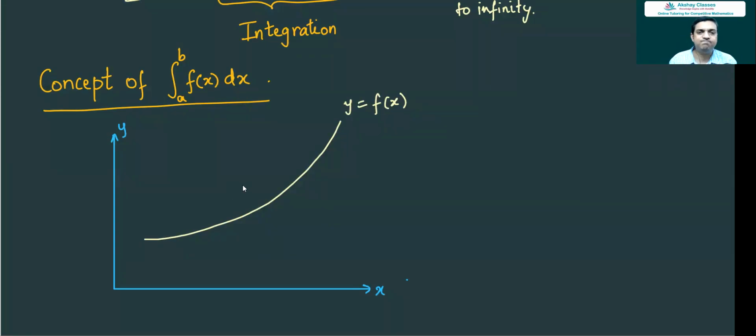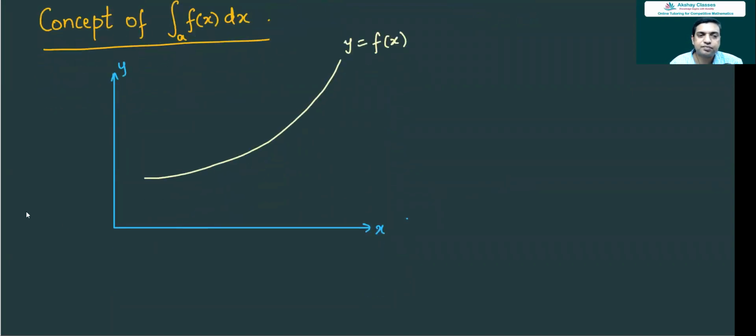We can take an increasing and decreasing function, or we can take a decreasing function, any way we like, it doesn't matter. Now let us say there are 2 points a and b on the x-axis.